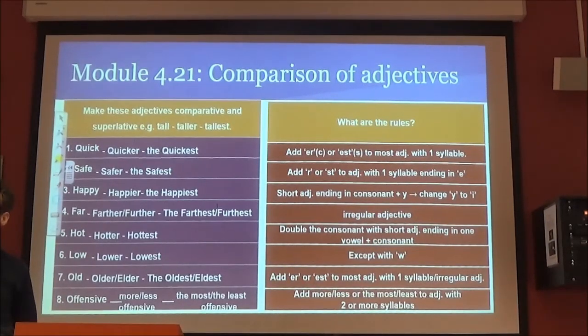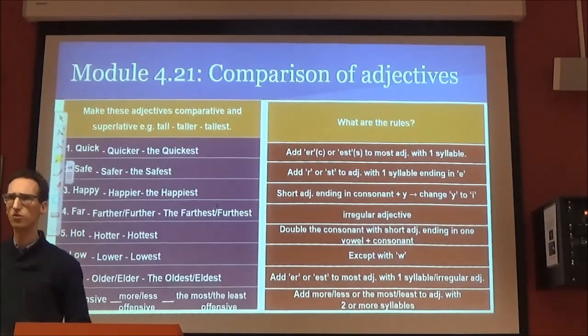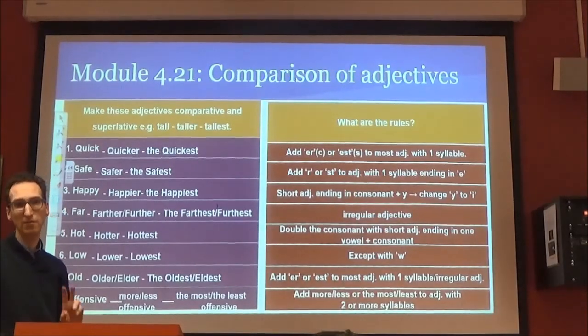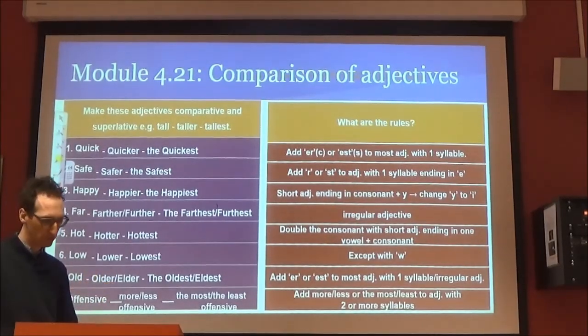And there is an exception to the rule. There is an exception to the rule if two-syllable words end in one of these endings, and this is in your book as well. Then these words can have either ER, EST, or more and most.